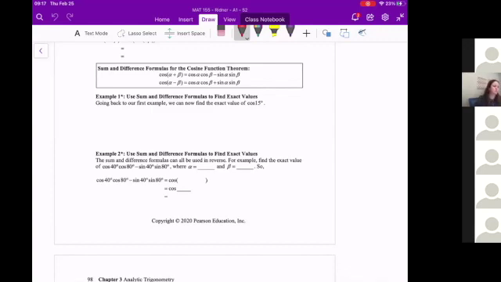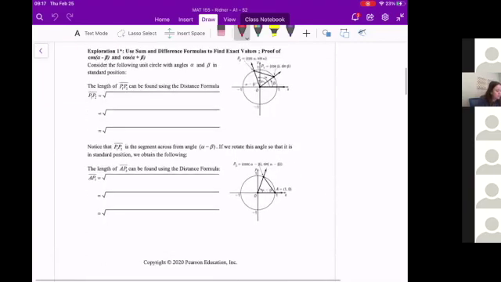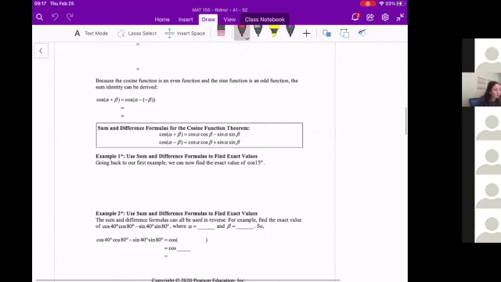So we can use one of these formulas. So remember, we know all of the sine and cosine values for all the numbers on the unit circle. Okay, so think about all the degrees on the unit circle. Are there two of those numbers that I could add or subtract and get 15?